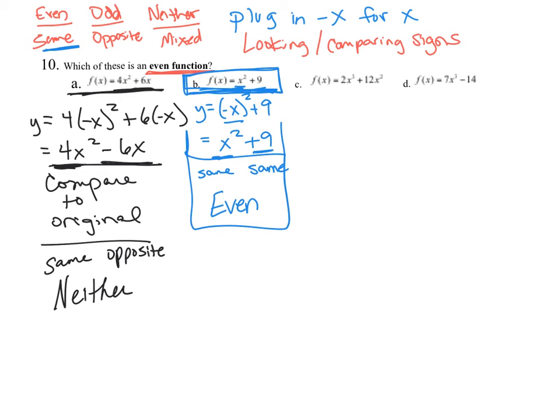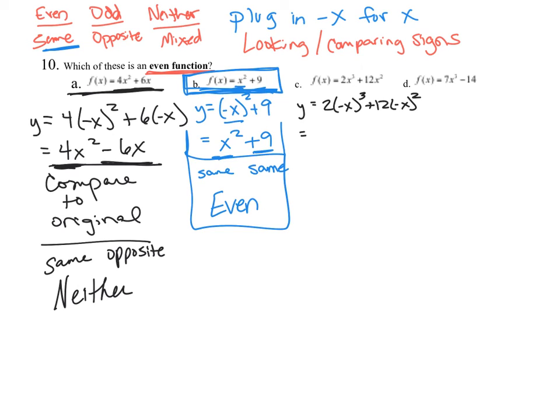Now I'm going to go ahead and do the other two just so that you can see what they would turn out to be, just for more practice. So we're plugging in negative. Okay. So we have y equals 2 times negative x cubed plus 12 negative x squared. Okay.